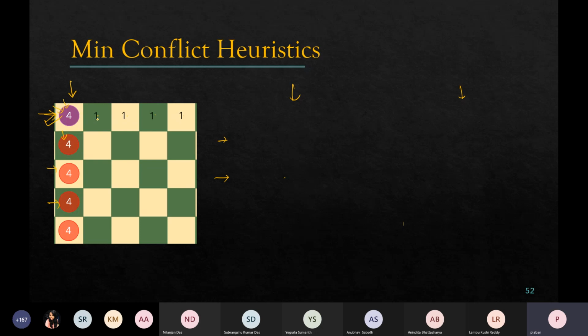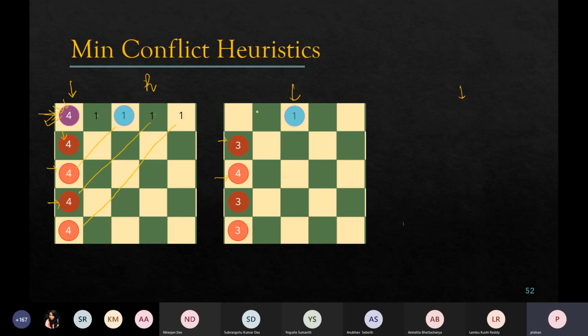If I place it here, the conflict is 1. If I place it here, the conflict is 1, and here again 1. As all the H values are the same, I can place it anywhere. I have placed it here randomly.